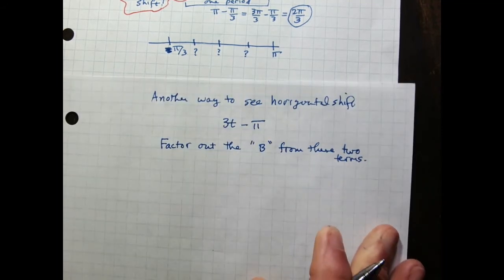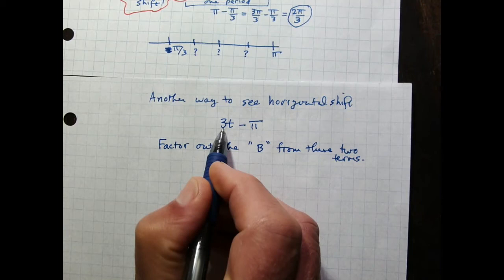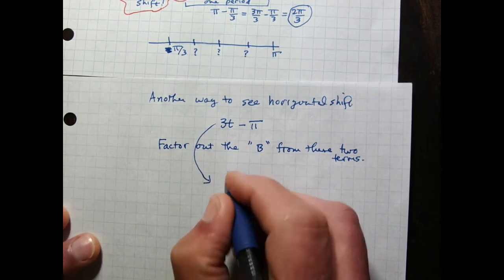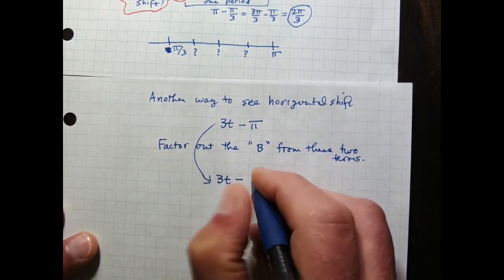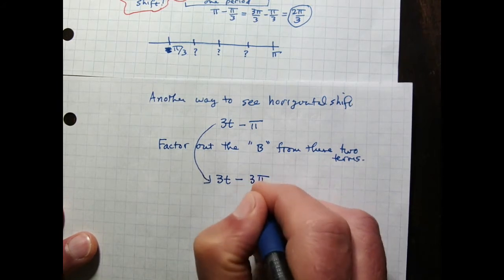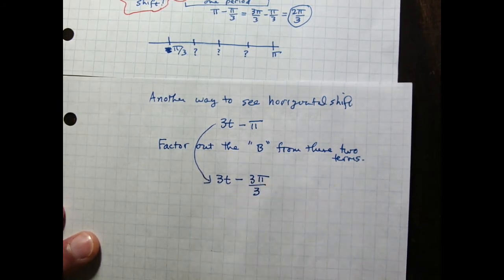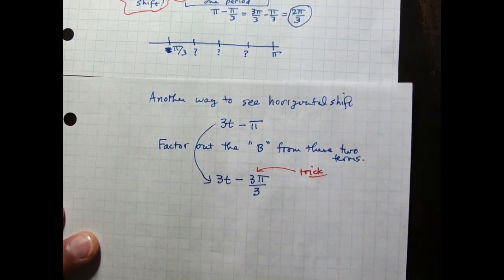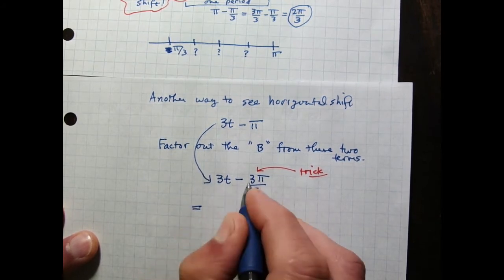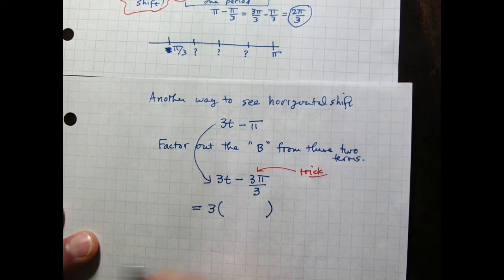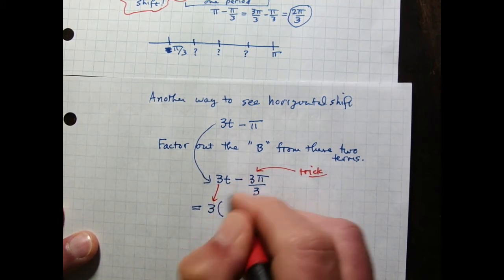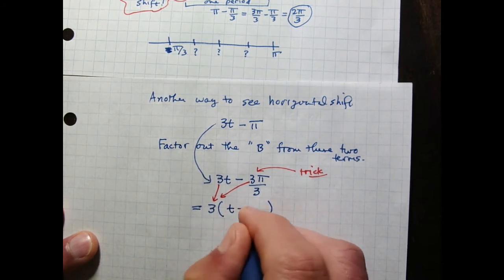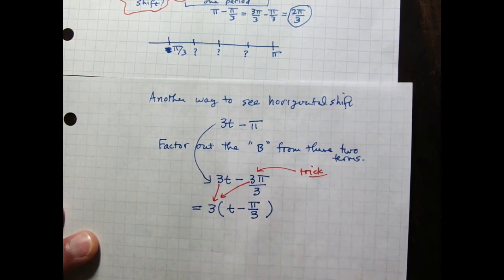Now how do you do that? How do you factor out a 3 from pi? There's no way to do that, right? Well, there's a little trick. You can take that pi and multiply it by 3 and divide by 3. That allows us to have a 3 that we can factor out in front. What's left inside parentheses is pi over 3.